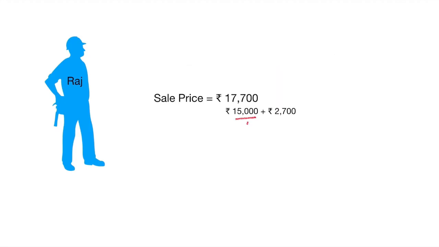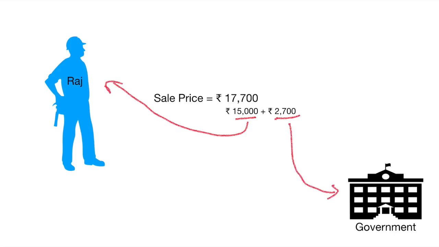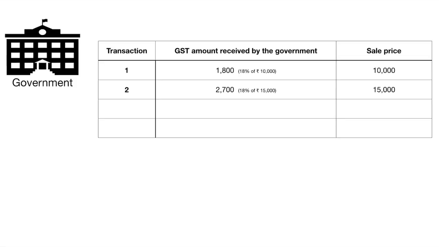Raj will keep the sale price, that is 15,000, with him and pay the remaining 2,700 GST collected by him to the government. Now, the government will have 2,700 as GST from the second transaction. Is it 18% on the sale price of that particular transaction? Yes, it is 18% on 15,000. So again we are on the right track.